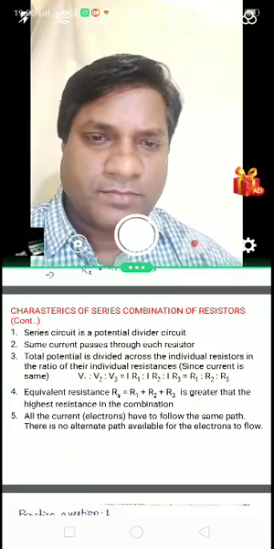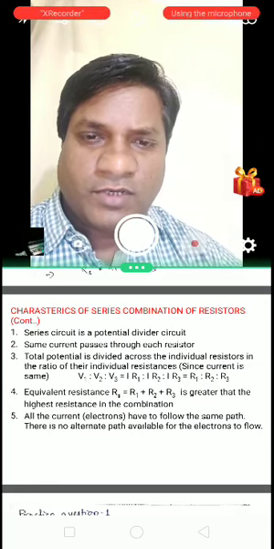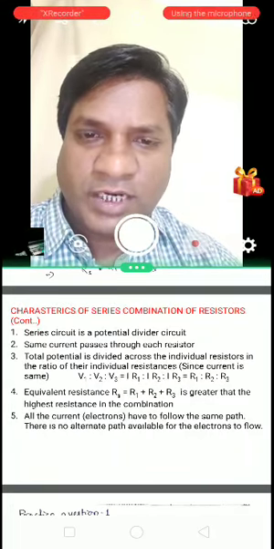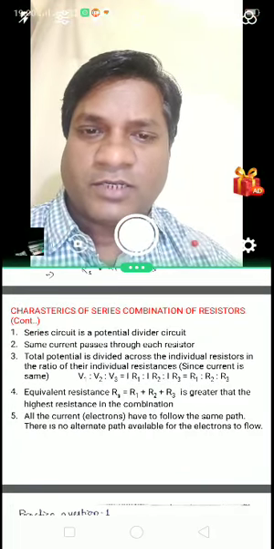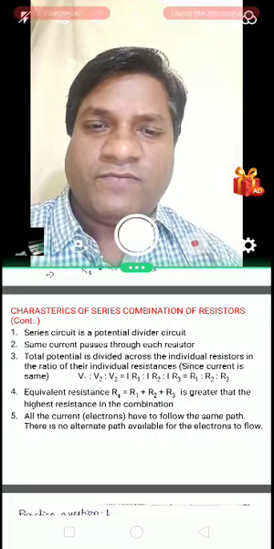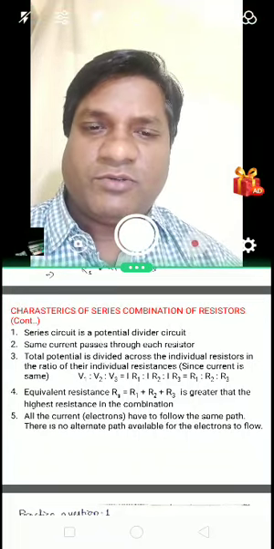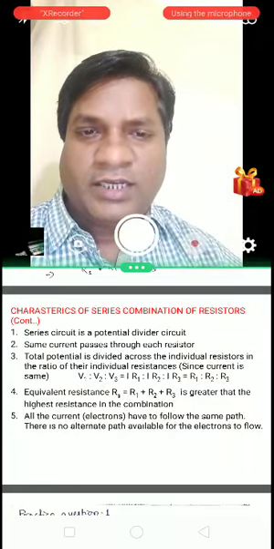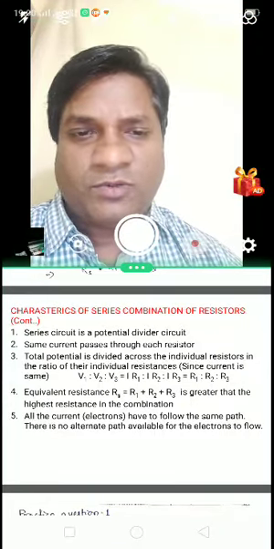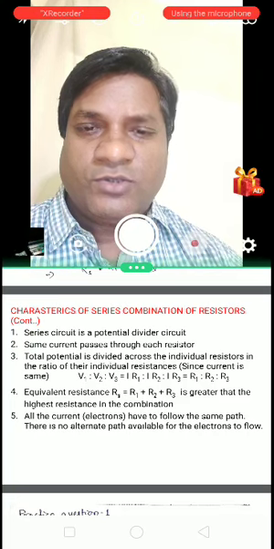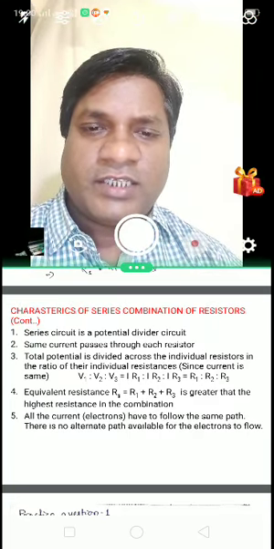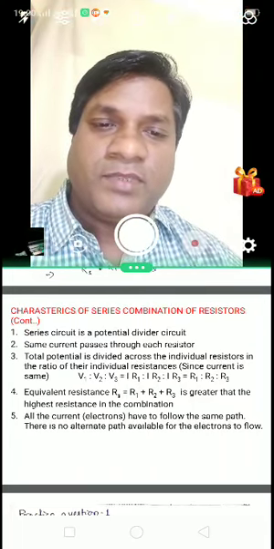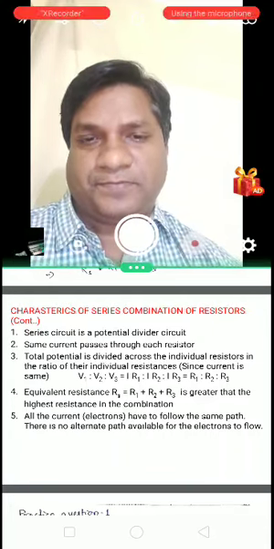Since current is the same, the ratio of potential drop across R1 to R2 to R3, that is V1 is to V2 is to V3, is equal to I R1 is to I R2 is to I R3, which is again equal to R1 is to R2 is to R3. So the potential drop is divided across the individual resistors in the ratio of their resistances.